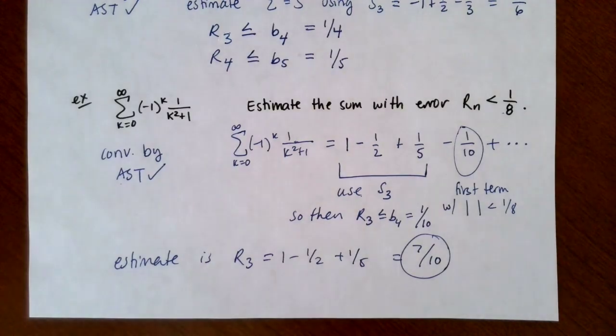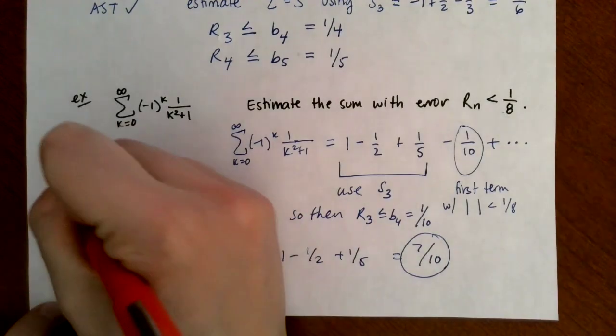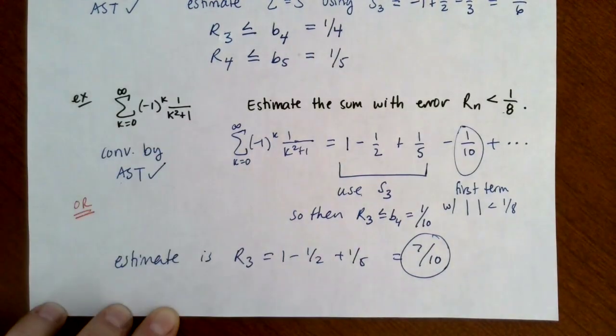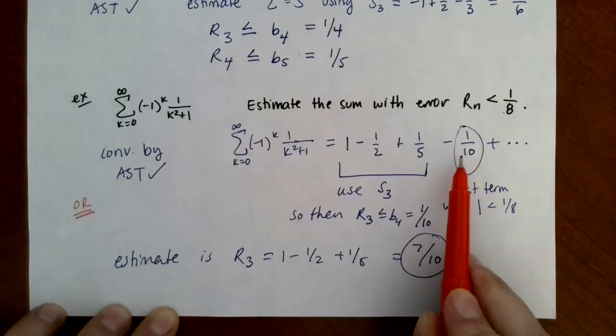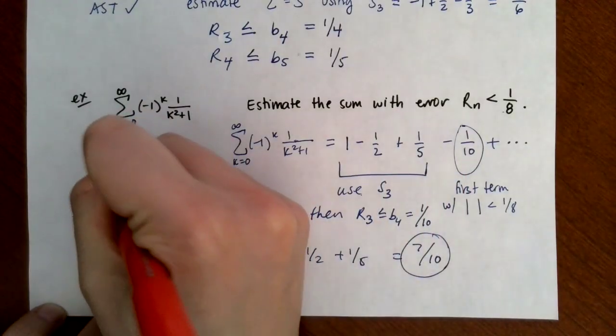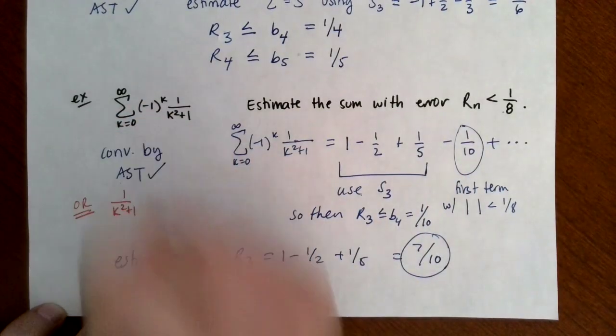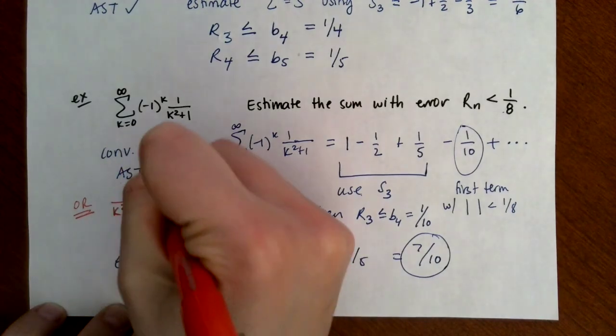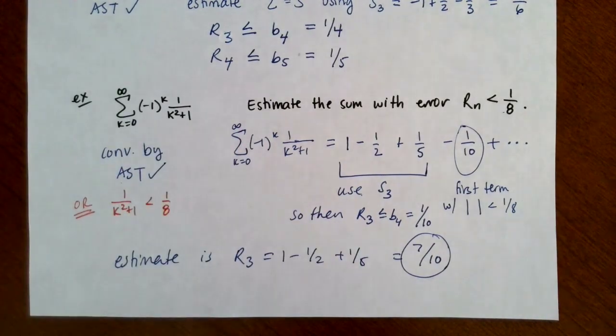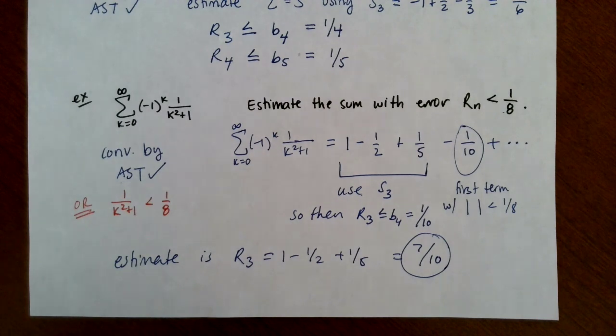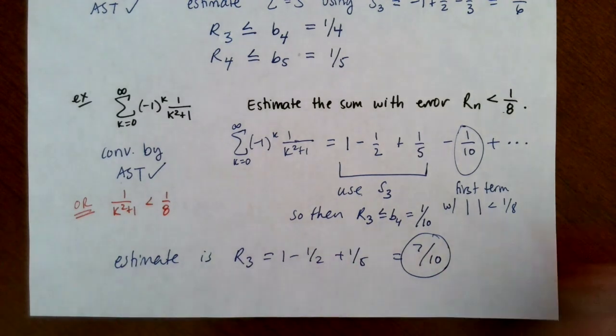In this one, it would be overkill, but we can still show the work, so we'll call this an "or" on the side here. Instead of fishing for that fourth term, we could say, well, when is 1 over k squared plus 1 strictly less than 1/8? I could solve algebraically for the k value that does it, and that immediately brings me to the correct part of the series.